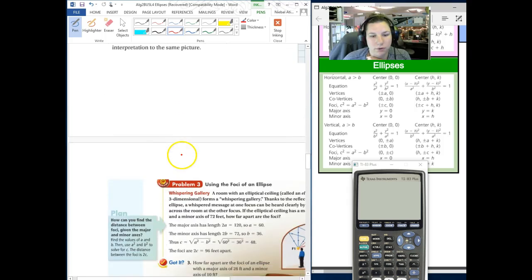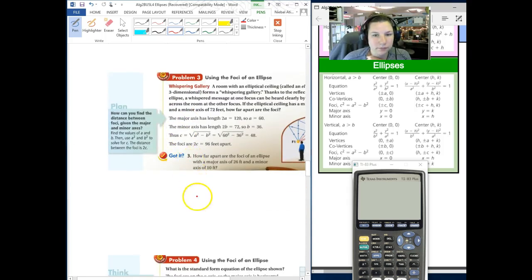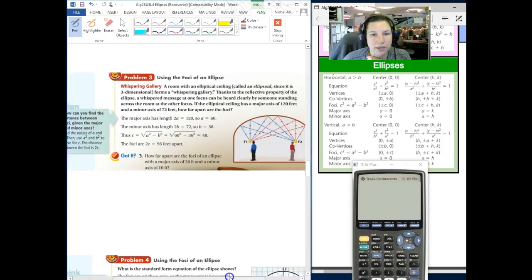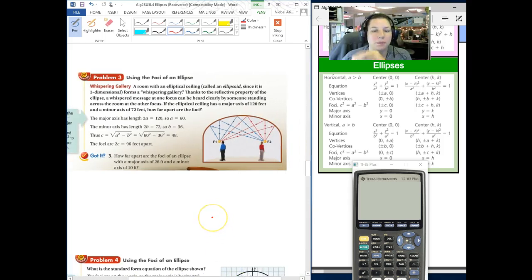Okay, some questions for you to try. Number 3, a room with an elliptical ceiling called an ellipsoid, since it is 3-dimensional, forms a whispering gallery. I don't know if you've ever visited anywhere that had these. Thanks to the reflective property of the ellipse, a whispered message at one focus can be heard clearly by someone standing across the room at the other focus.